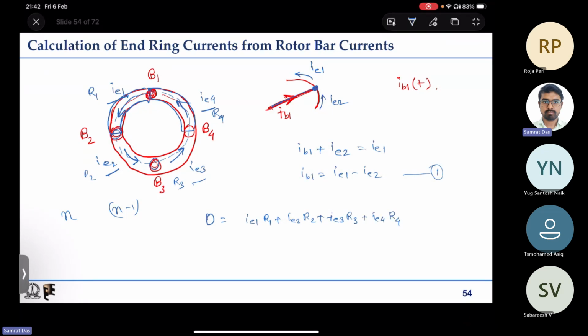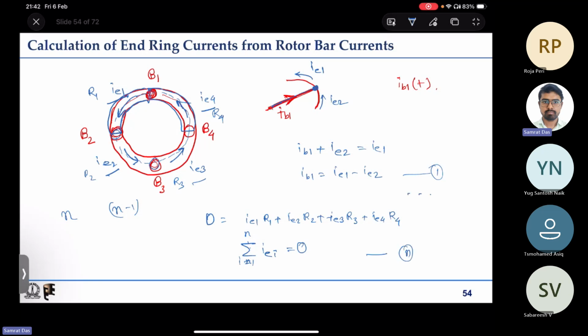Now in the symmetric case, if all the resistances are perfectly equal, then that basically boils down to summation over IE, where i runs from 1 to n, equal to 0. So this is your nth equation.